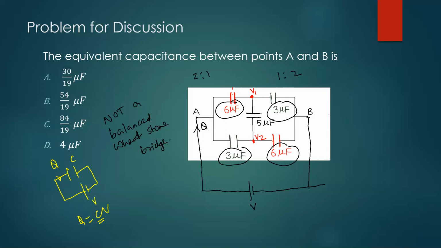If I consider these three plates, the upper three plates, they are isolated. That means the total charge on them should come out to be zero. Similarly, the lower plates are also isolated. So what you can do is, you can start from this node. This is known as node analysis. You can start from there and then go to the left, to the right, and then down, and then write the charge on those plates.